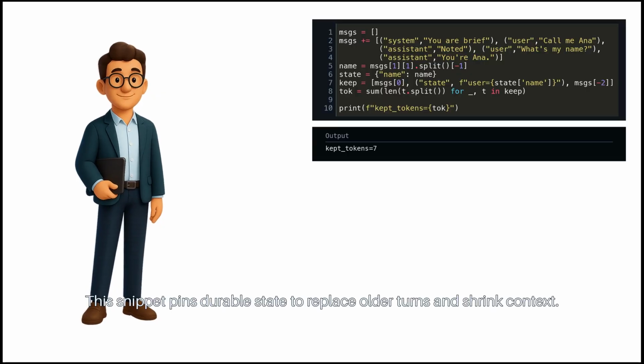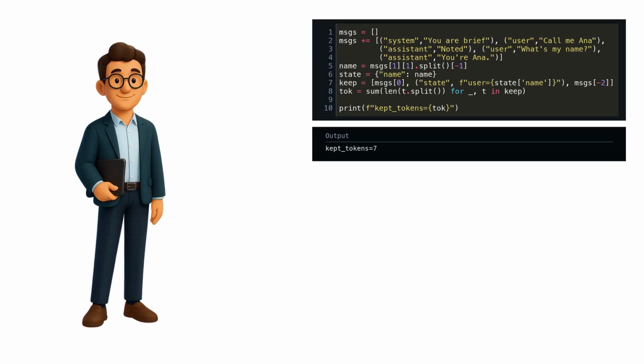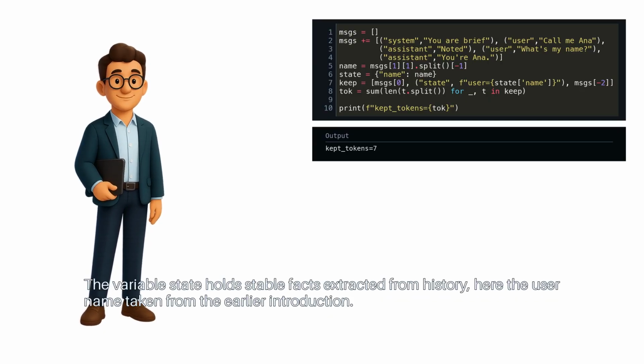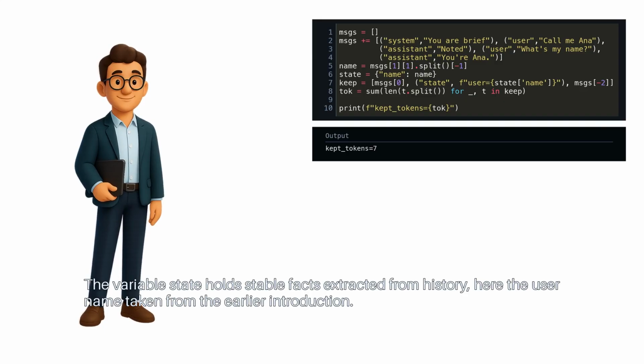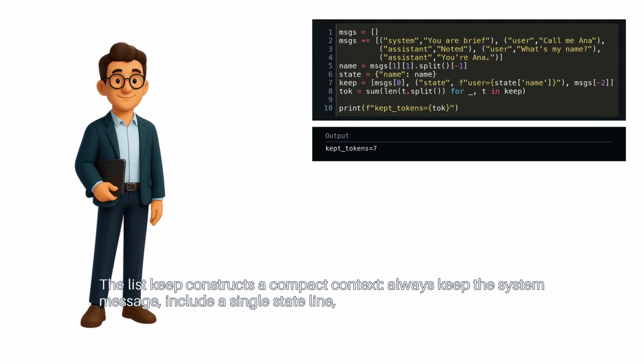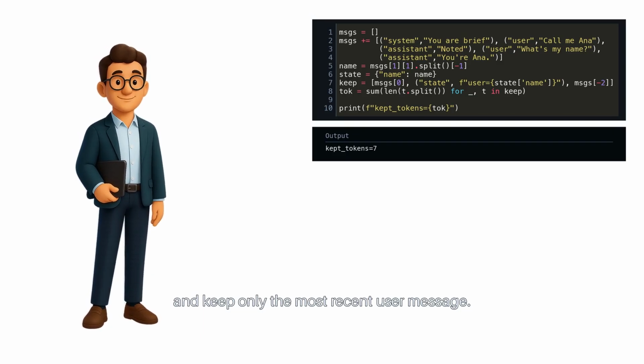This snippet pins durable state to replace older turns and shrink context. The variable state holds stable facts extracted from history. Here, the username taken from the earlier introduction. The list keep constructs a compact context. Always keep the system message, include a single state line, and keep only the most recent user message.